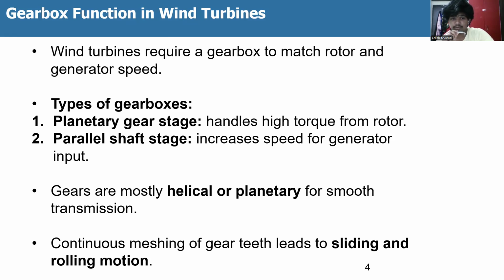Gears are mostly helical or planetary for smooth transmission. Continuous meshing of gear teeth leads to sliding and rolling motion.